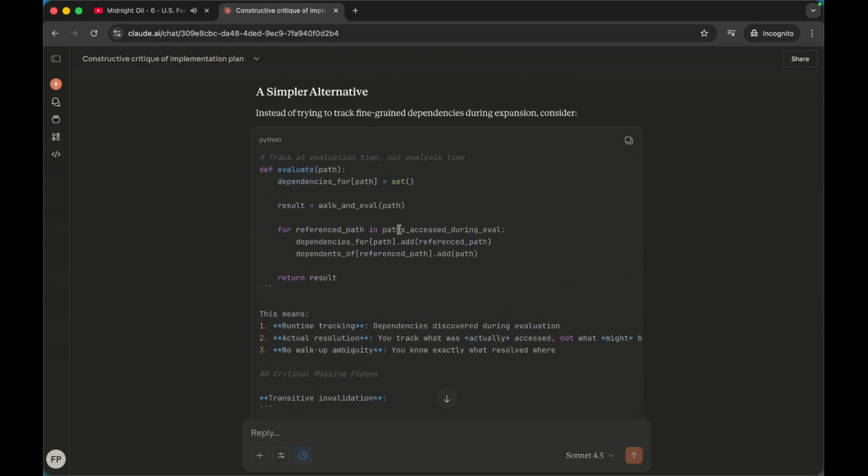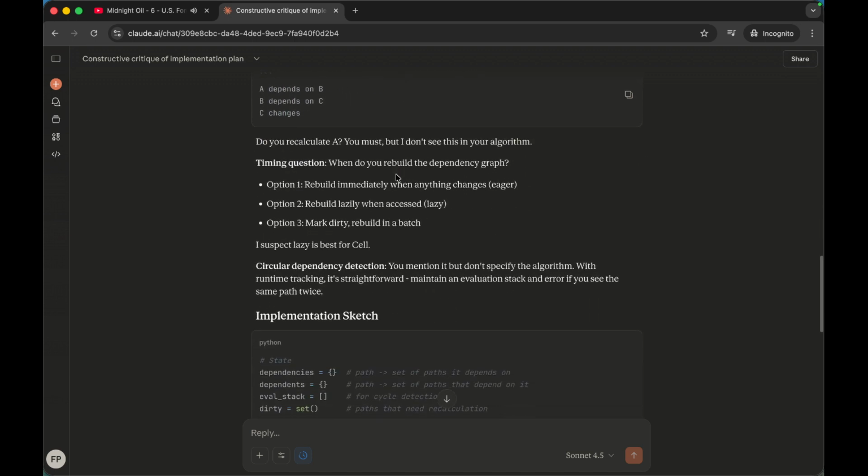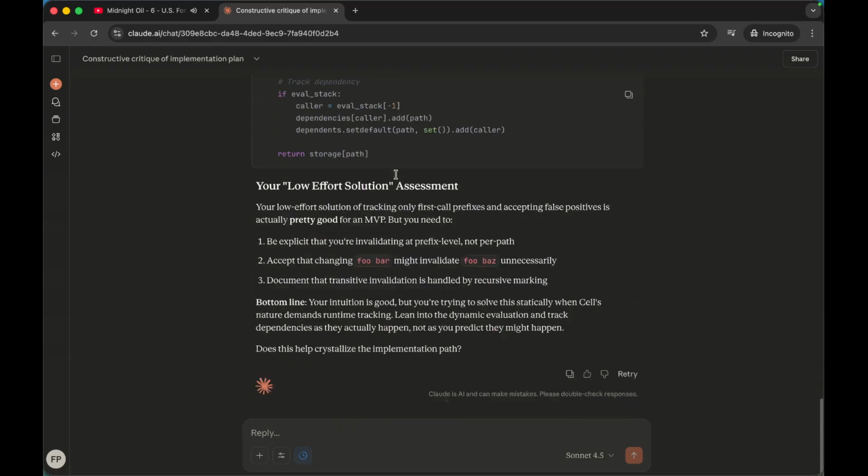I recalculate A. It's not static, really. It's all dynamic. It's just a matter of when.